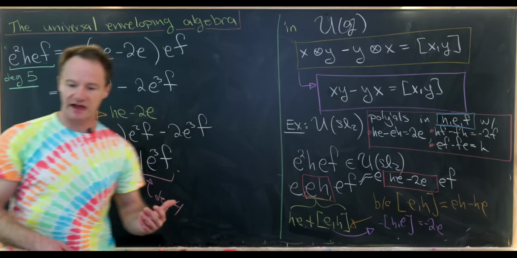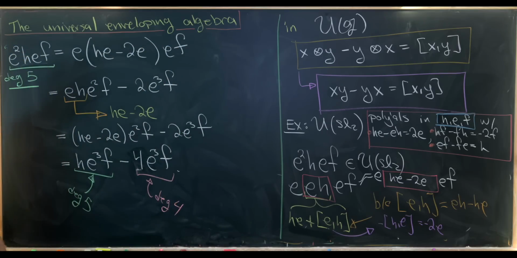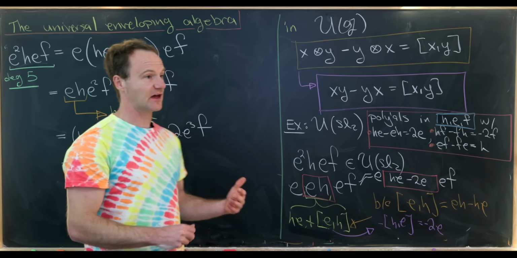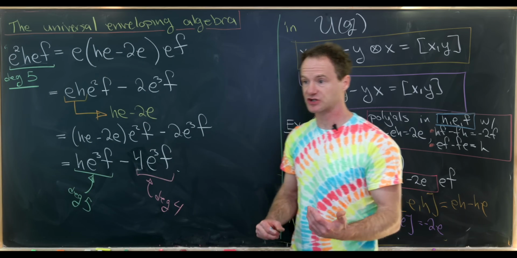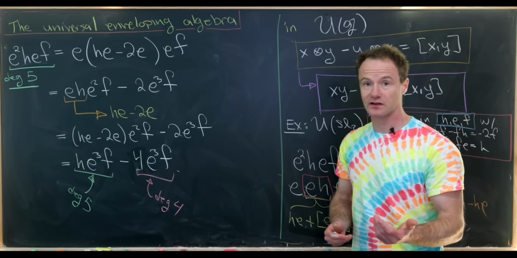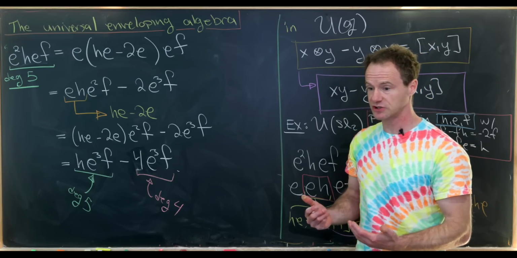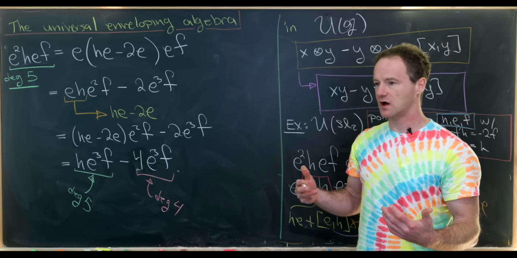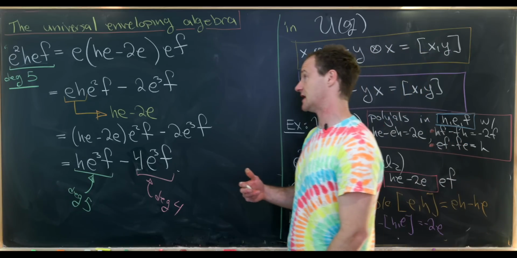Now, one thing that I would like to point out, which is pointing towards something that is maintained, is like the overall charge of this situation. So if we were to say that the F elements are negatively charged, the E elements are positively charged, and the H elements are 0 charge, and then add all of that up, then that sort of measurement is maintained.